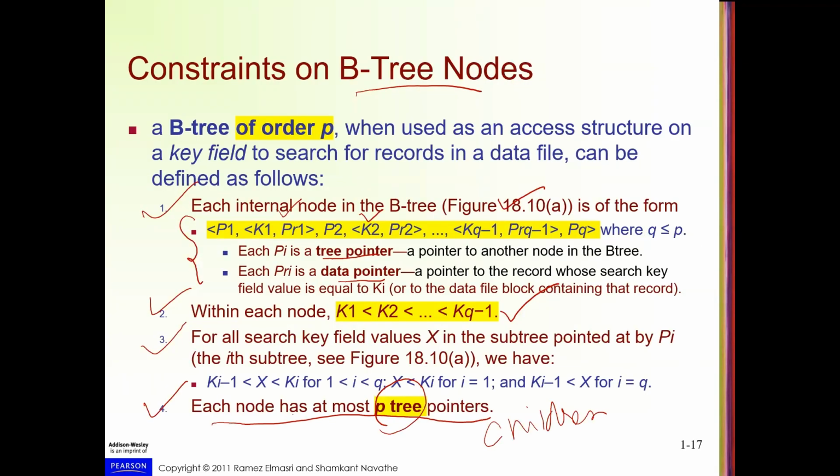Now, what does this say? This is the rule that we have also seen in the search tree, which says that the value of x, x is here, the data values. The value of x inside each subtree is going to lie between the lower limit and the upper limit of the key of the node.